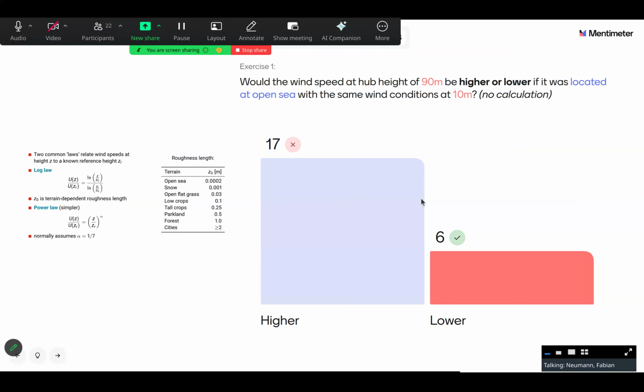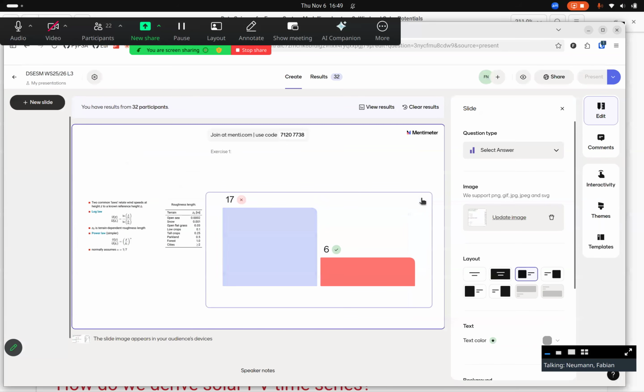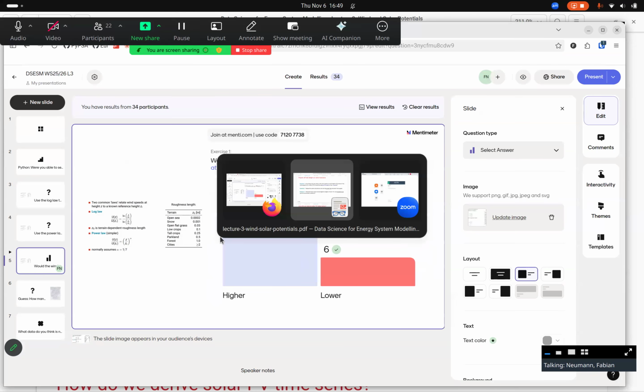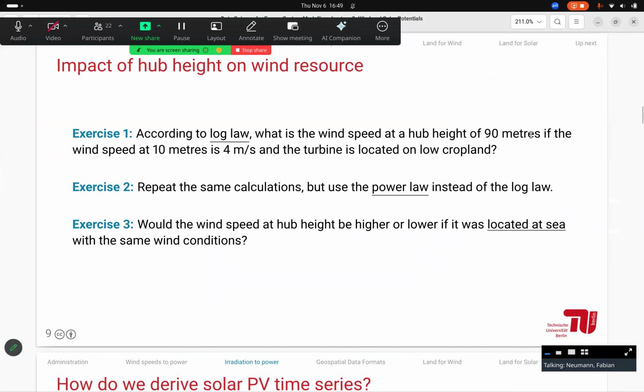So this estimation of the roughness is especially important in more complicated terrains, because there you have the stronger braking effect and the stronger difference between the different land use classes.